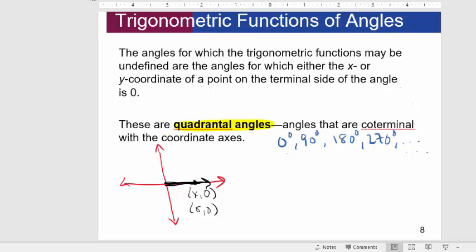And then when you have 90 degrees, what happens? Now I didn't go left or right at all, so x is 0, but I went up y. And now in this case, r is the same as y, so this point is not only 0, y, but it's 0, r. And then at 180 degrees, you have the same scenario that we had with 0 degrees, where you didn't go up or down at all.